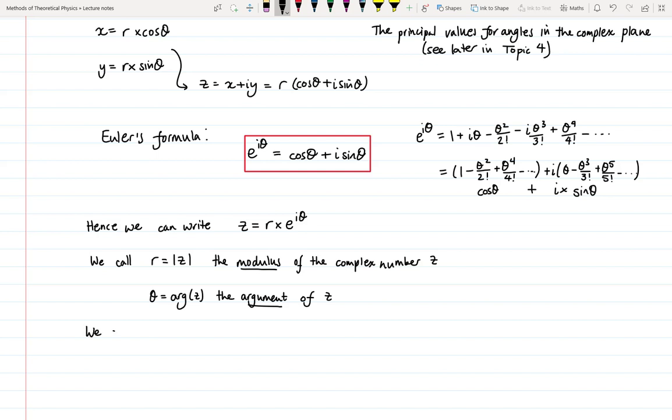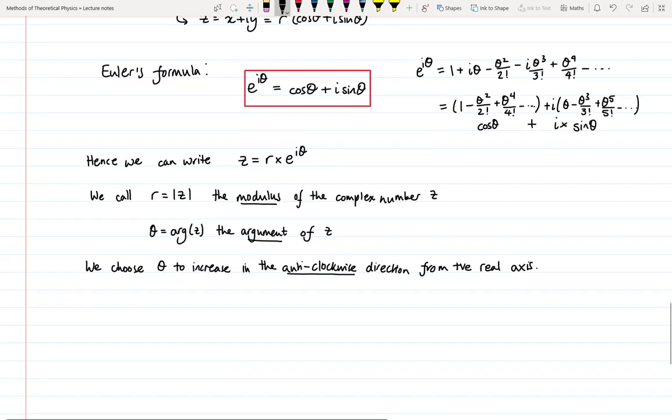As mentioned earlier, we choose theta to increase in the anti-clockwise direction from the positive real axis. I'll draw a few examples of that to make it absolutely clear.